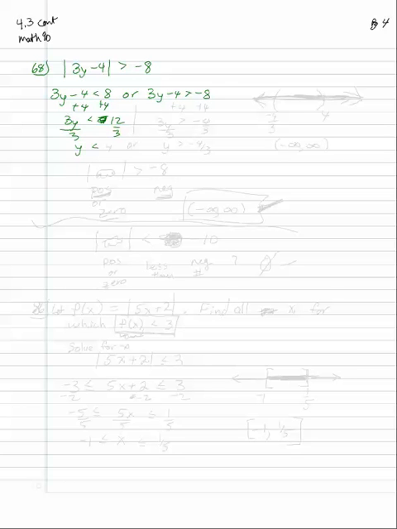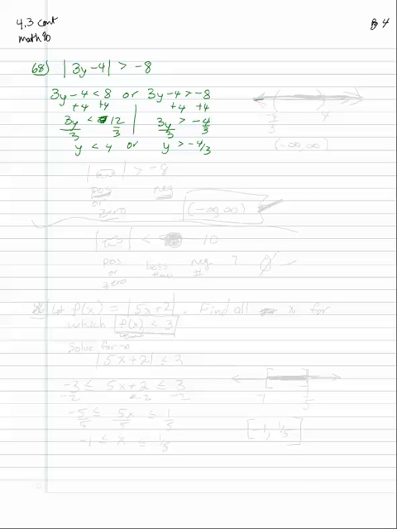So you get y is less than 4. Do this one. Divide by 3. y is greater than negative 4/3.